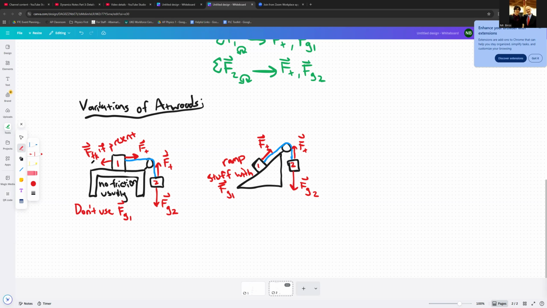You might see that one as well. But then we went specifically into Atwood's machines and looked at the counterclockwise and clockwise piece of things, but still a very similar process of choosing, do we want to sum forces for the whole system here, or do we want to look at individual sum of forces for individual objects, and then a couple of these variations or different Atwood's machines you could see.